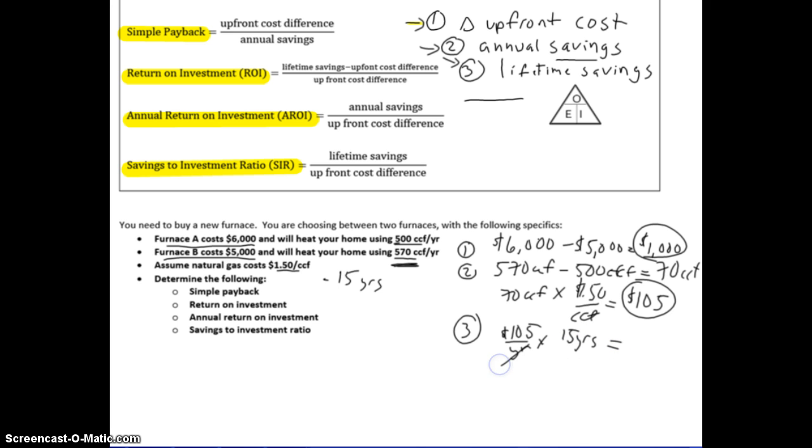Again, this is simplified. We're not counting cost escalation or any kind of operation and maintenance fees. So let's see how much this is. Our lifetime savings here will be $1,575. Okay, so that's our lifetime savings.